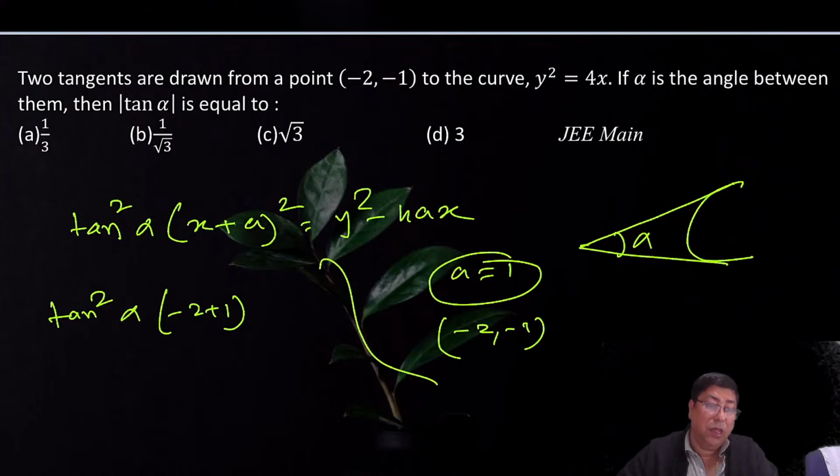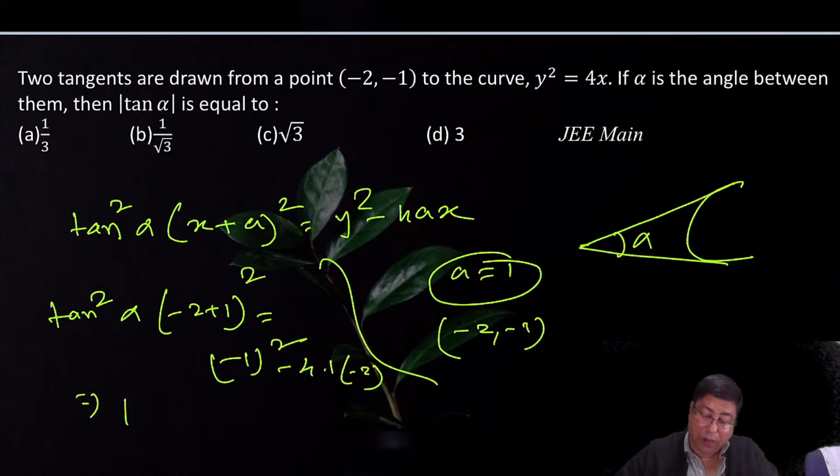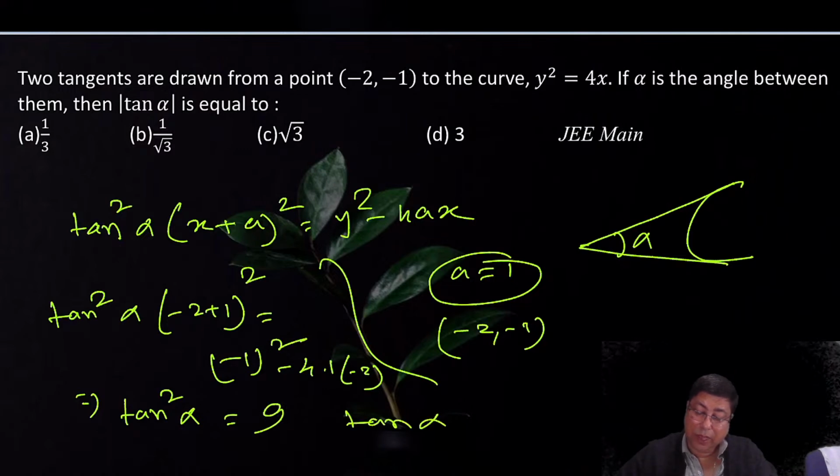So in this case we get (-1)² - 4·1·(-2). Therefore, tan²alpha is coming to be 9. tan alpha = ±3. So |tan alpha| = 3.